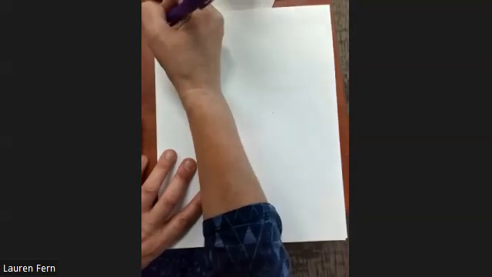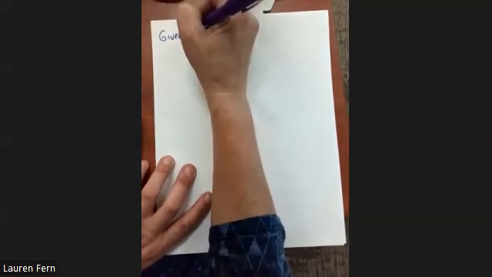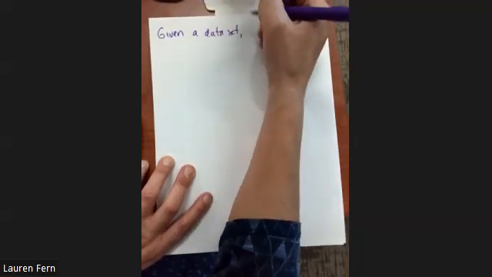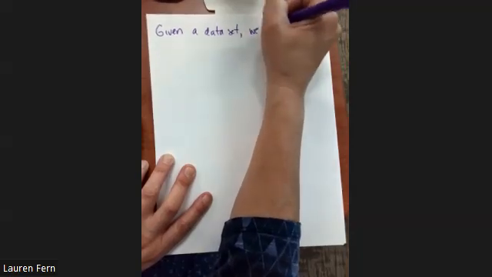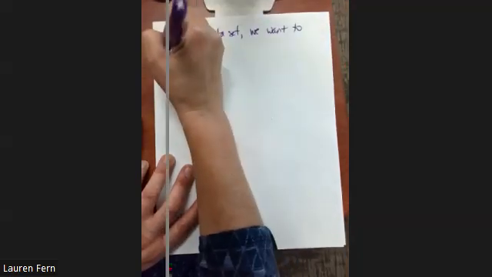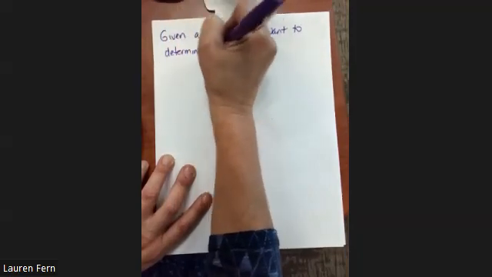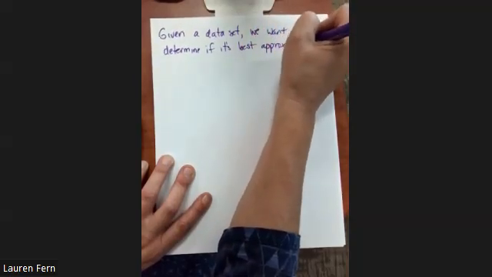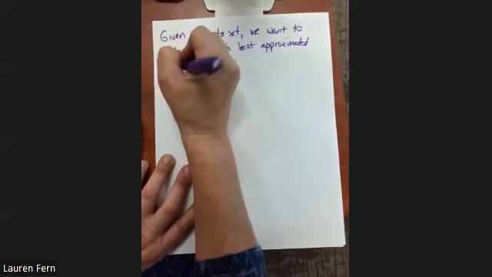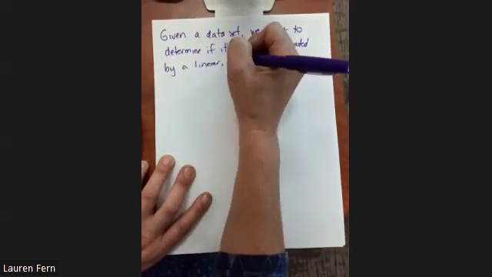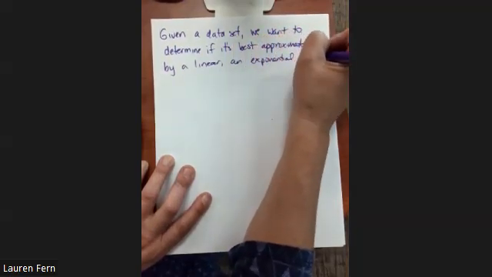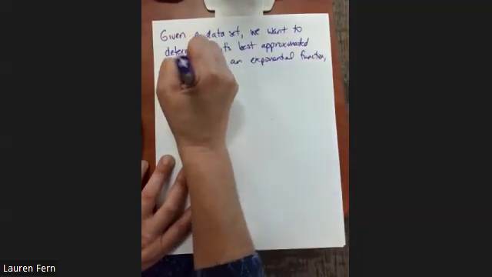So my next thing is as follows. Oftentimes we're given some data set. And we're asked to determine if it's best approximated by a linear function, an exponential function, or neither.